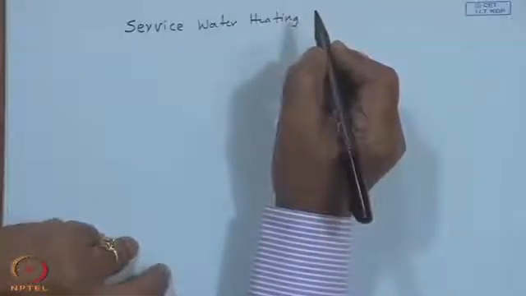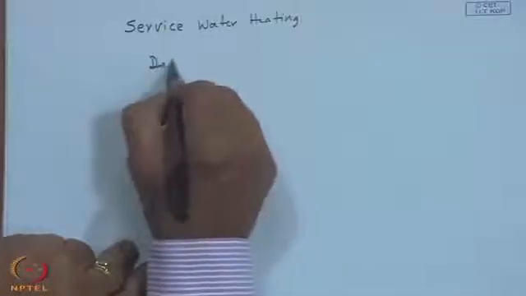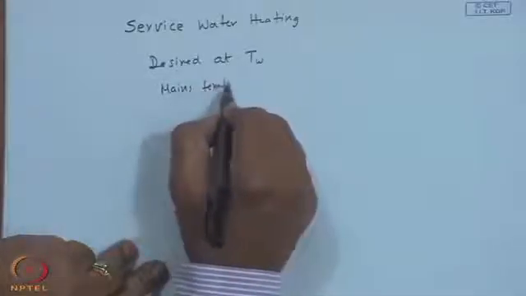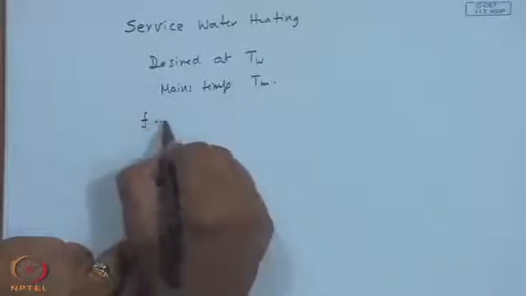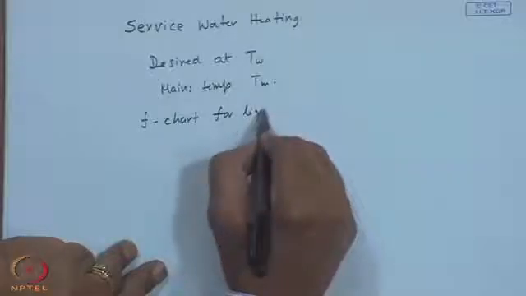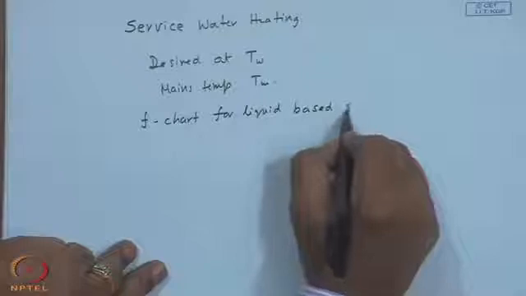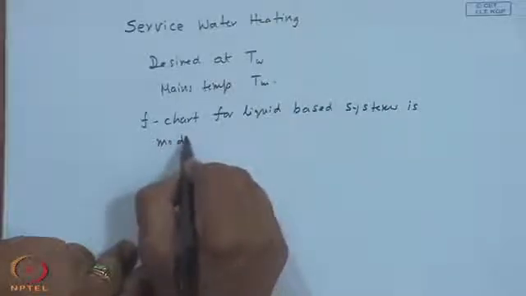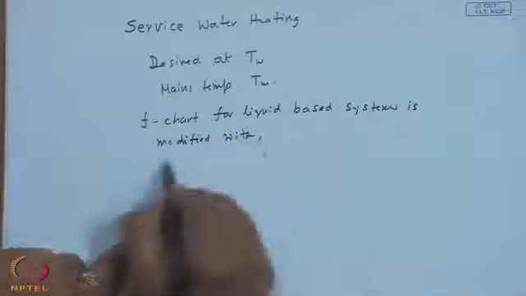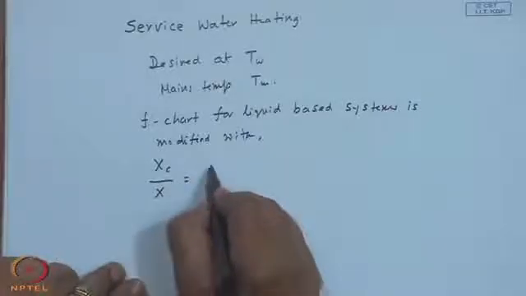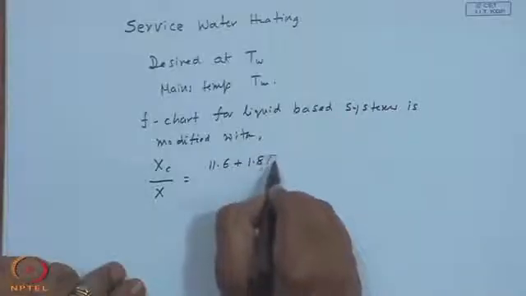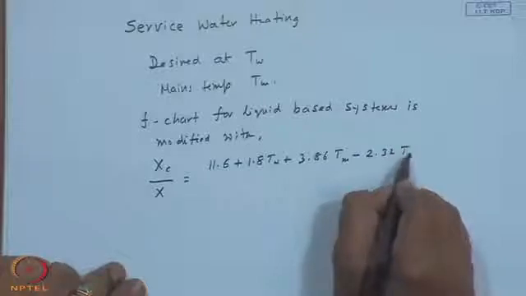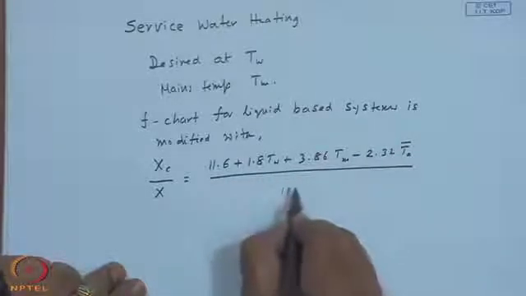Without saying that minimum temperature is so much, if you want desired temperature at T W, and mains temperature is T M, then simply F chart for liquid based systems is modified with x c being given in terms of the x as 11.6 a constant plus 1.8 times T W plus 3.86 T mains minus 2.32 monthly average ambient temperature T A bar upon 100 minus T A bar.